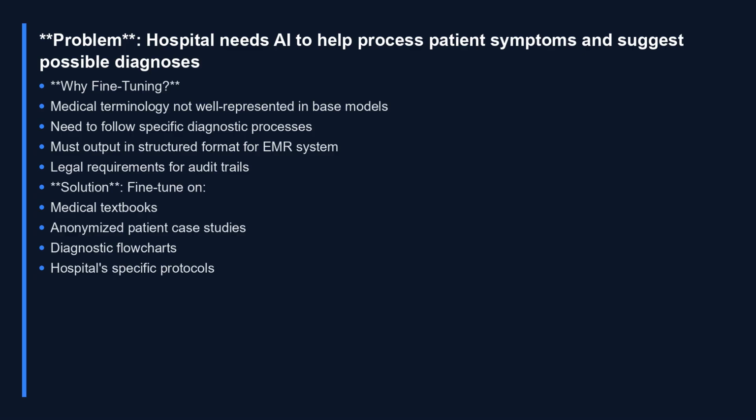Output must be structured for integration with an EMR system, and there are legal requirements around audit trails. The solution is fine-tuning on medical textbooks, anonymized patient case studies, diagnostic flowcharts, and the hospital's own protocols. Each of those data sources addresses a specific gap: terminology, reasoning process, output format, and institutional compliance.